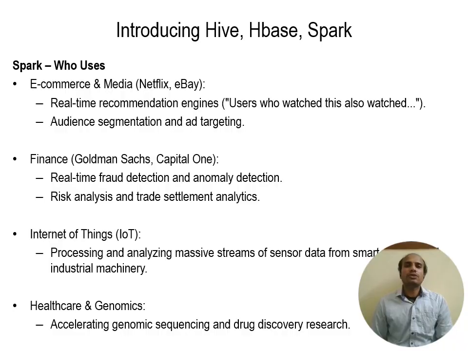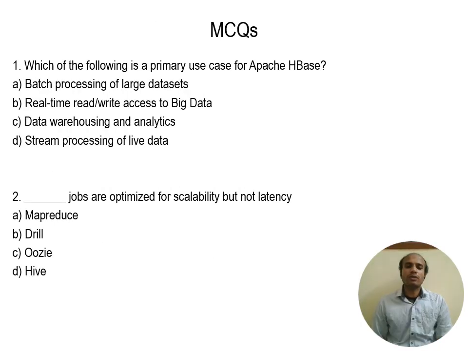So we have understood the reasons behind using Spark, what Spark is all about, various features, the architecture, how exactly it differs from MapReduce, and how Spark has been used in different organizations and portals. Now, let us try to solve these MCQ questions.